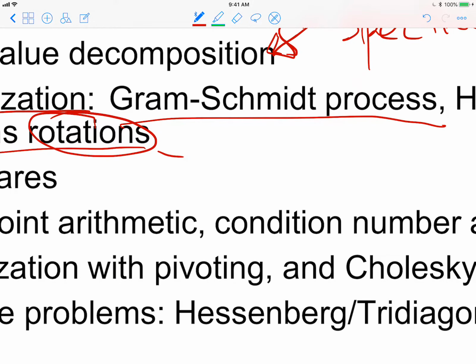This rotation is mainly rotating your given point by some angle.